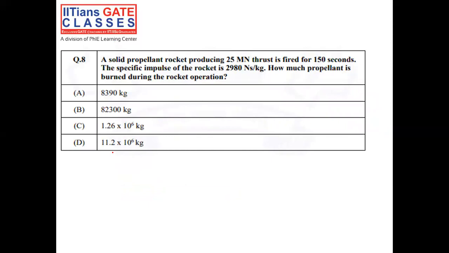So the next one, question number 8. This is also a 1 mark question. In a solid propellant rocket, the thrust produced is given as 25 meganewton, and it is fired for 150 seconds.